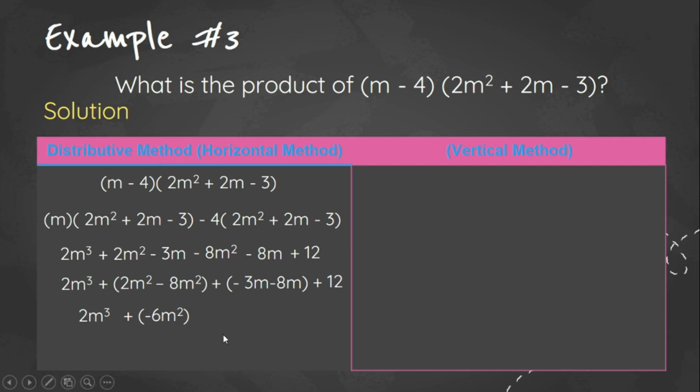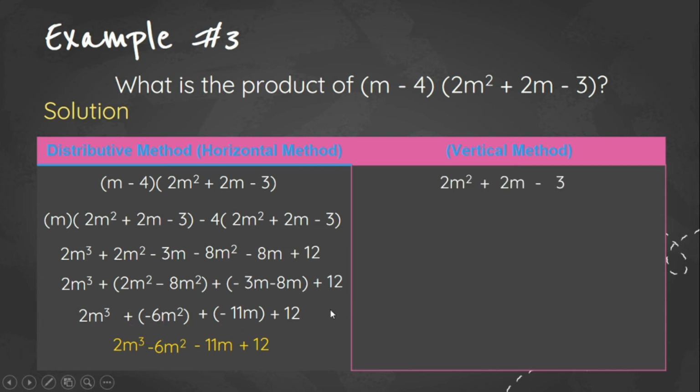Then, plus negative 3m minus 8m is negative 11m. And then plus 12. So, we have here the final answer. If you notice, plus minus again, it becomes 2m cubed minus 6m squared minus 11m plus 12. Okay? Let's have the vertical method next.